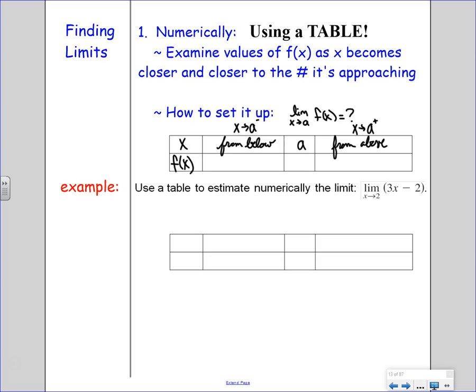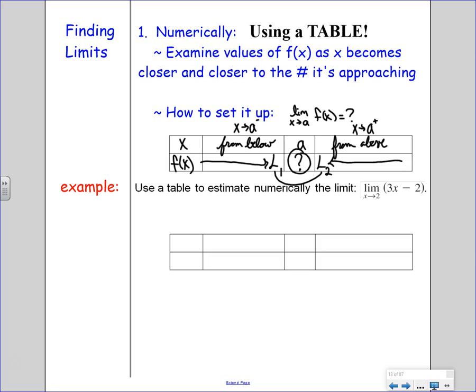And what we're going to do is put a big old question mark here, because this is what we're trying to figure out. We're going to be looking at the y values, and seeing, does f of x seem to be approaching a certain L1 from below and a certain L2 from above? And we're going to ask ourselves, do these two match?